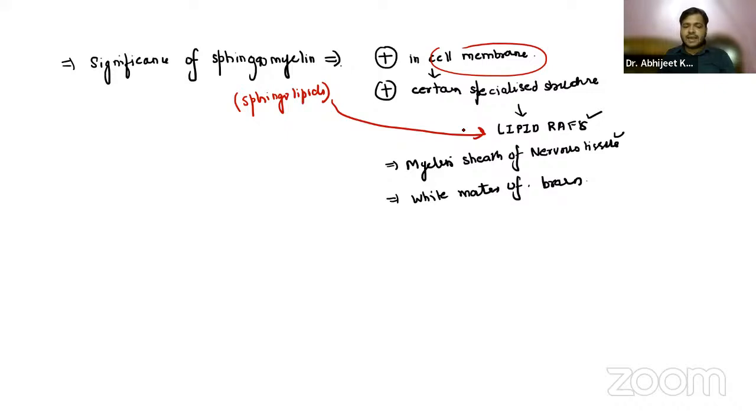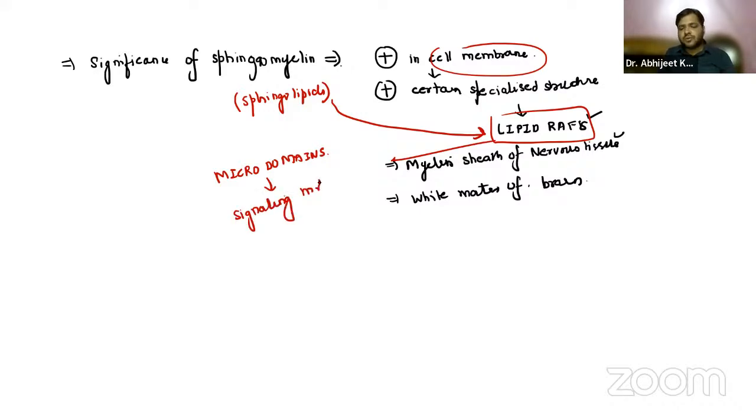In cellular membranes, these are microdomains that organize the signaling molecules, and they facilitate communication between cells.